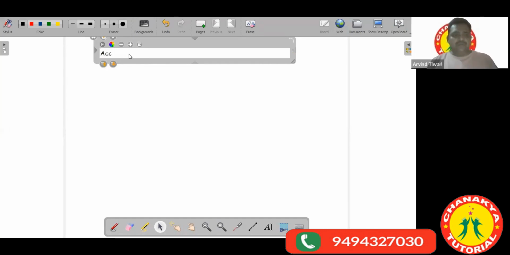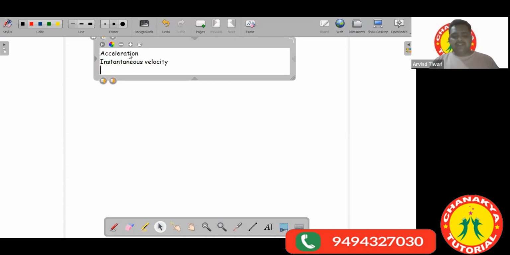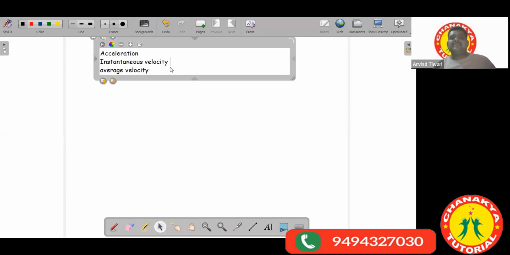So here we have to do acceleration. And in this, we have to do instantaneous velocity and average velocity. So see, the instantaneous velocity is the velocity at a given instant of time.